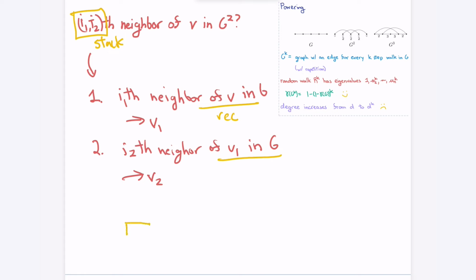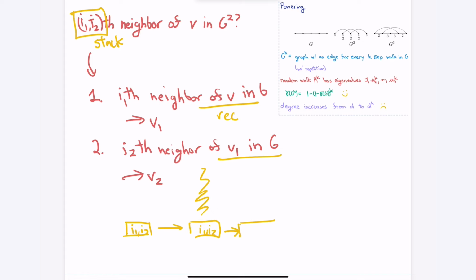So your stack has I1, I2 written down, and then the recursive call uses some more space. We'll figure out how to deal with that. But then you get your answer, so now you have I1, I2, and V1, plus some more space from the recursive calls. Then you output V2. So you're really using constant space plus things from the recursive calls.